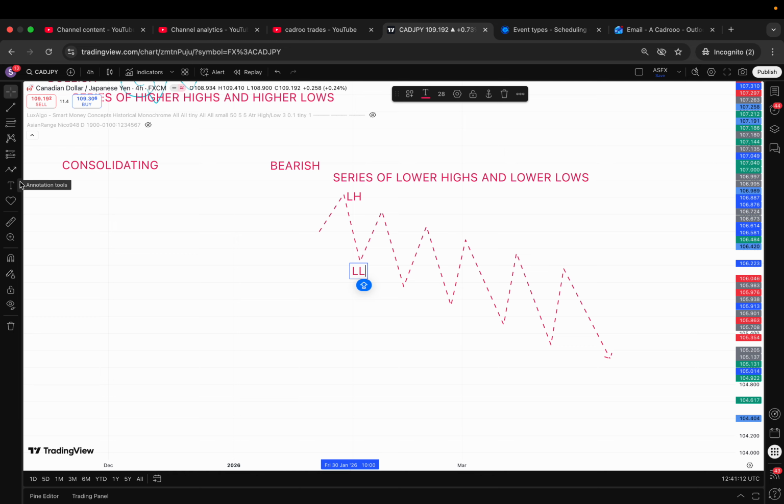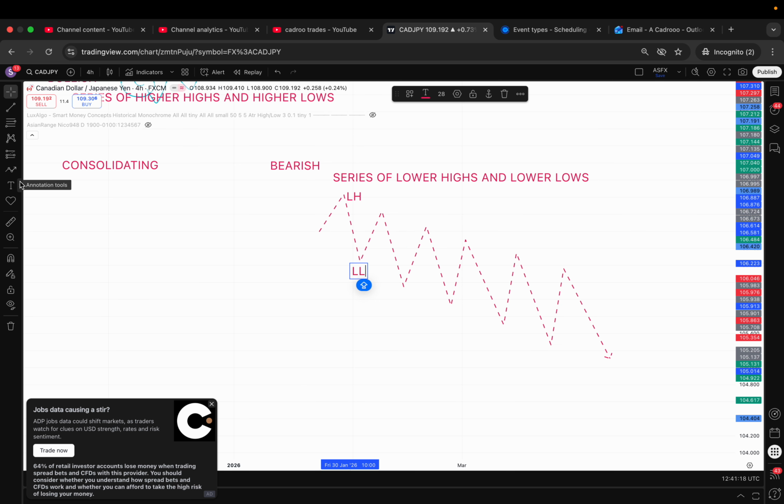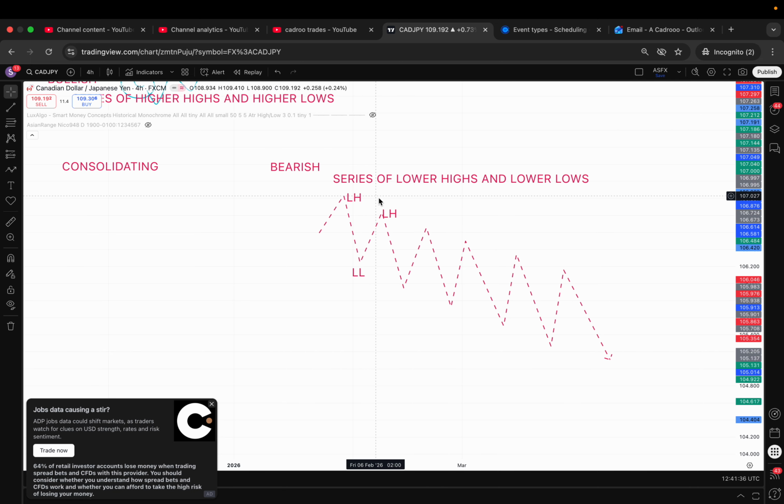When the market breaks below the previous low, it is called a lower low. And this is called a what? A lower high, because this high is lower than this high here, the first high. This is called a lower high because this high is lower than the first high.